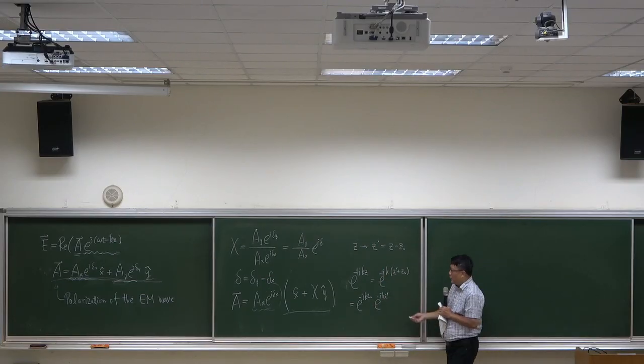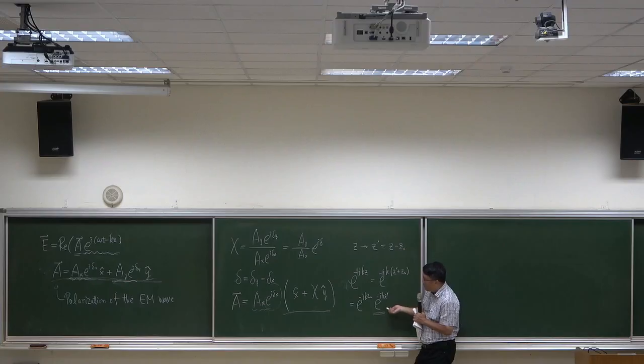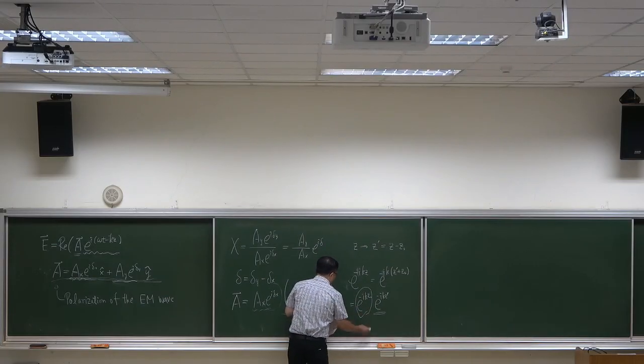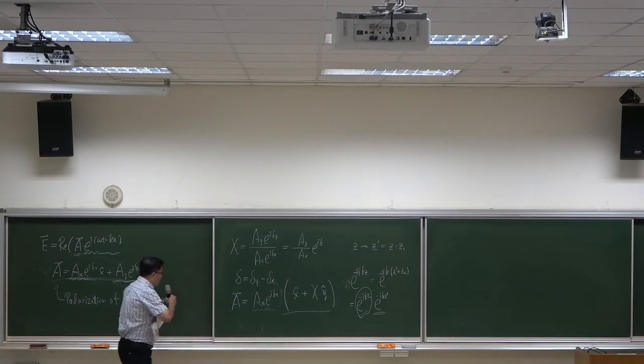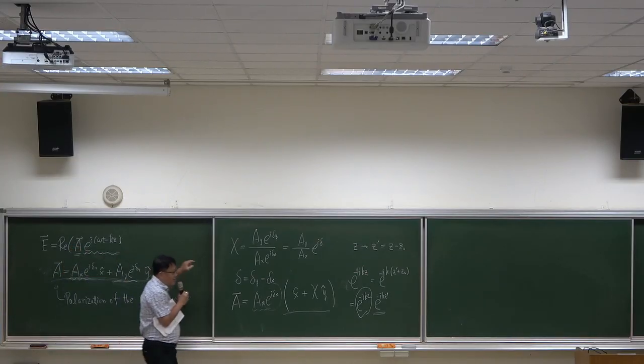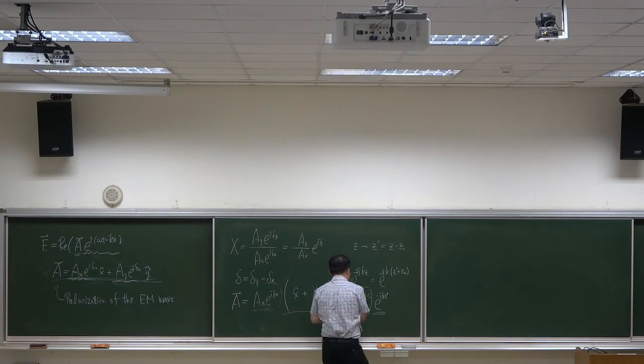Then we use z prime to replace z. Then this factor will be multiplied to A.